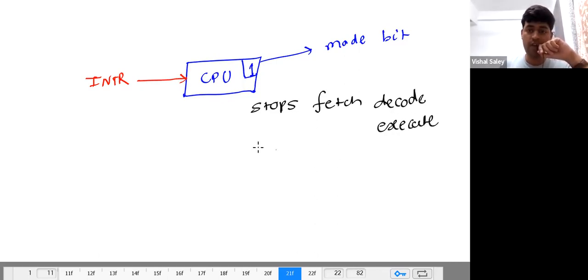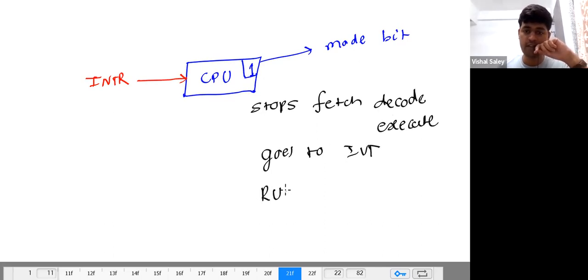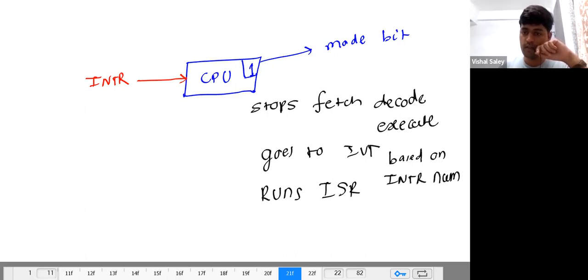and goes to the IVT and runs the interrupt service routine, based on the interrupt number. This is something that we already saw, right?